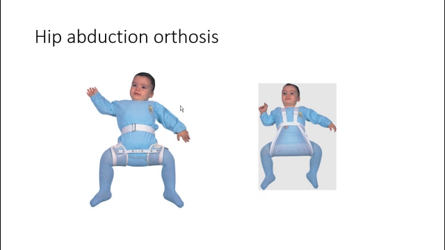If the child is older, they may need surgery to possibly release some tight muscles and to improve the depth of that acetabulum, because if it's been dislocated for a while, for a couple of years, the acetabulum may never have developed. An older child, again, may need traction in addition to the surgery, and if it's a much older child, they may end up having a total hip replacement.